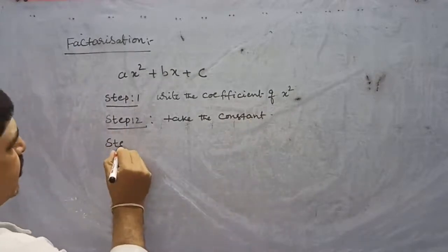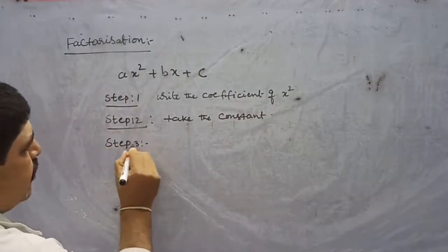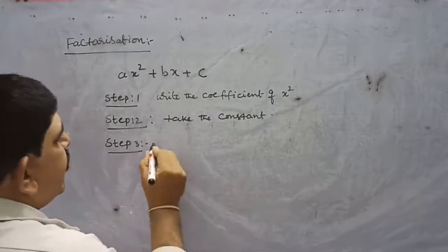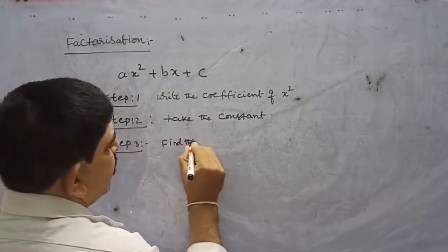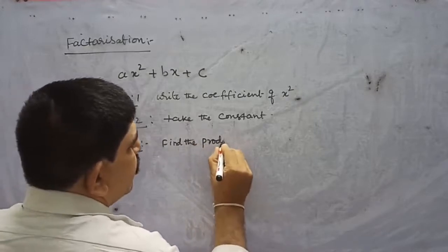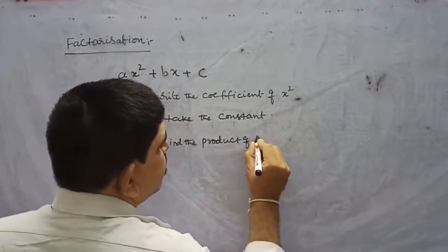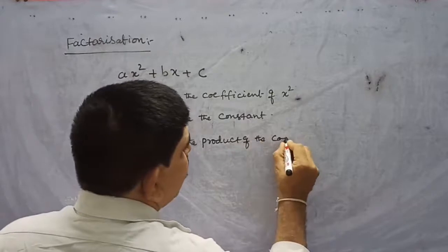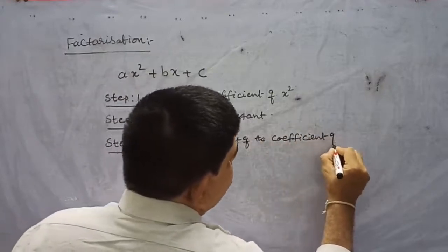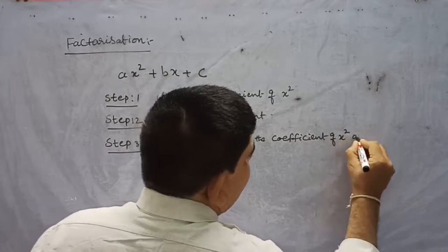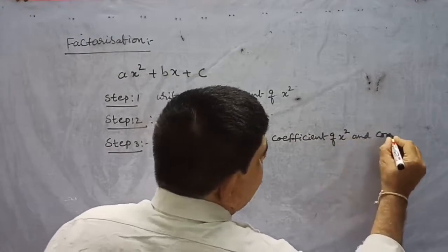Step 3. What is step 3? Find the product of the quotient of x square and constant.